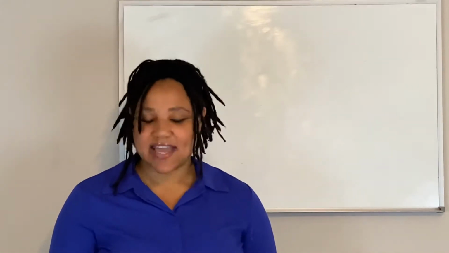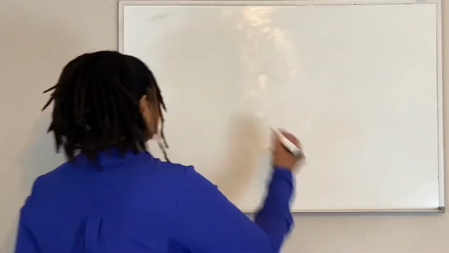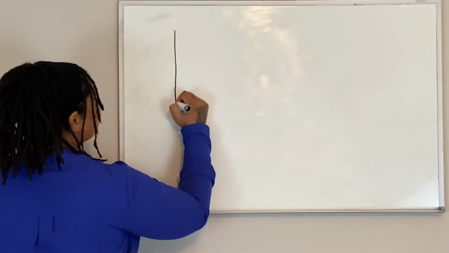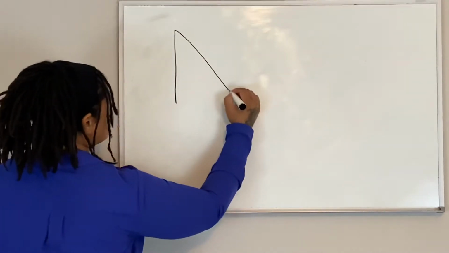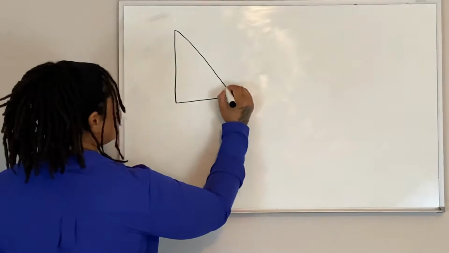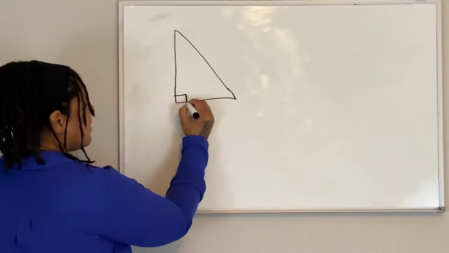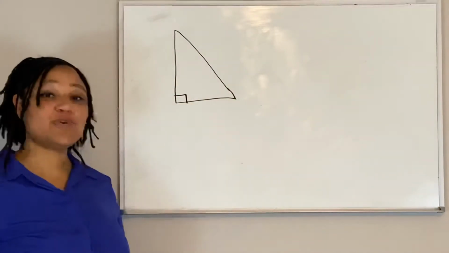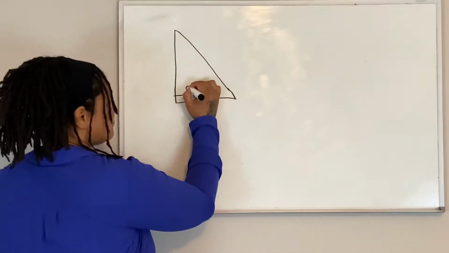So let's say I give you a triangle. And let's say that this corner is 90 degrees.